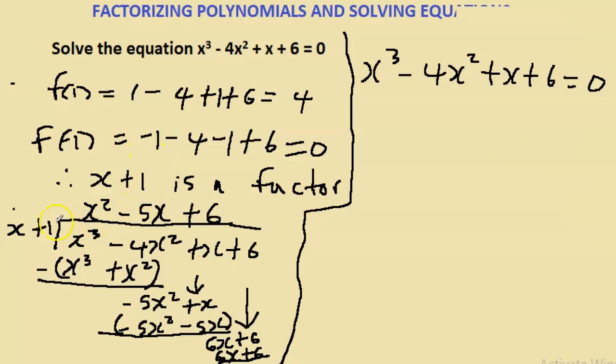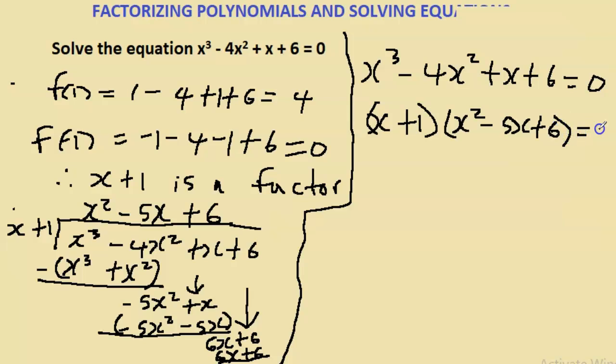And of course, x plus 1 times the quotient will give us that. So this can be rewritten as x plus 1 times the quotient we have there, which is x squared minus 5x plus 6. And as CAPE students, we should be able to close our eyes and factorize a quadratic.